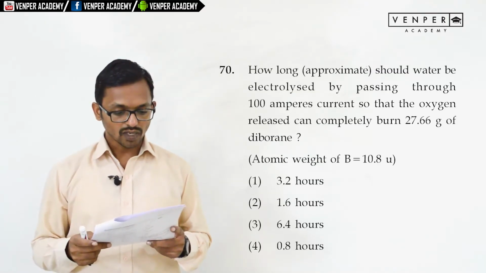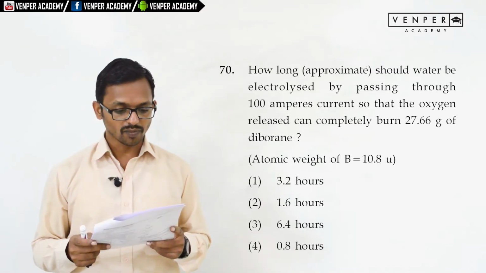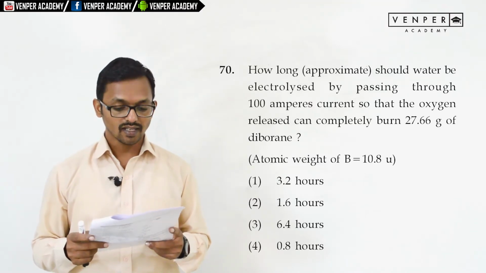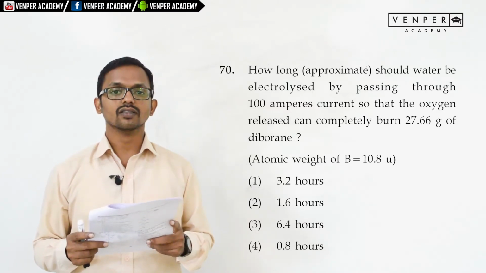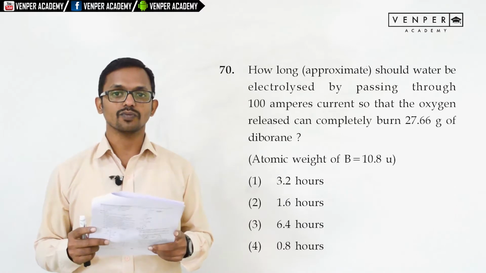Question number 17. How long should water be electrolyzed by passing 100 amperes current so that the oxygen released can completely burn 27.66 grams of diborane? Atomic weight of boron is given as 10.8 u.